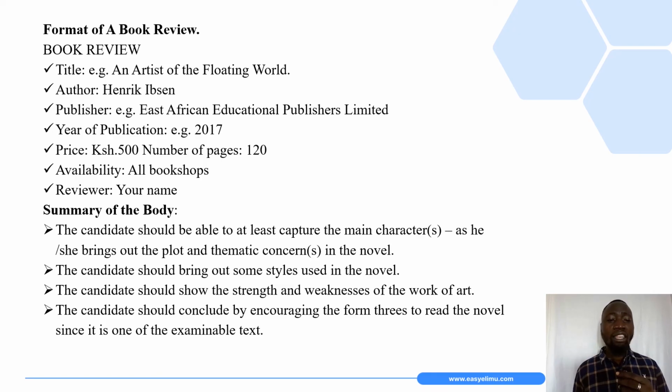So the candidate should also bring out some styles used in the poem. The candidate should show the strength and weaknesses of the work of art being reviewed. Then the candidate should conclude by encouraging the other students to read the novel, since it is one of the examinable text.